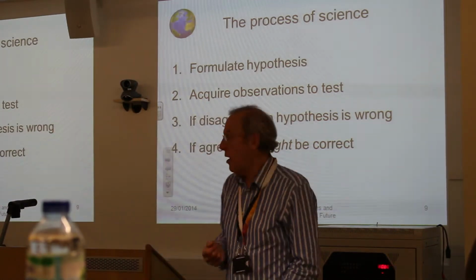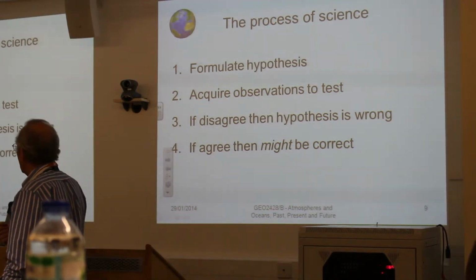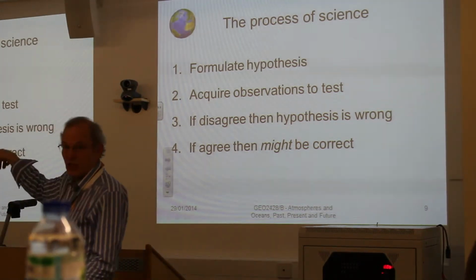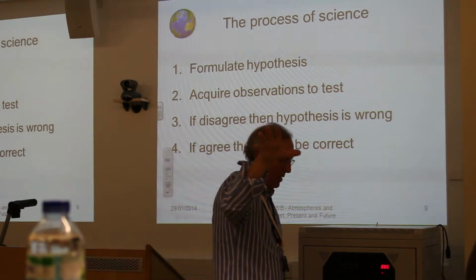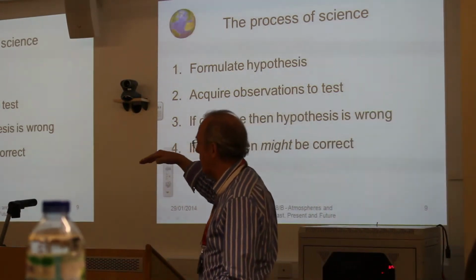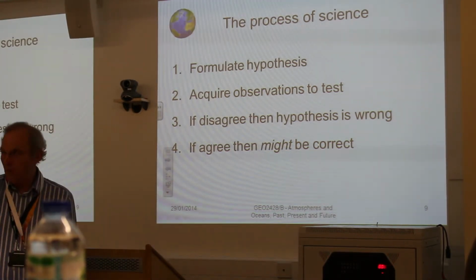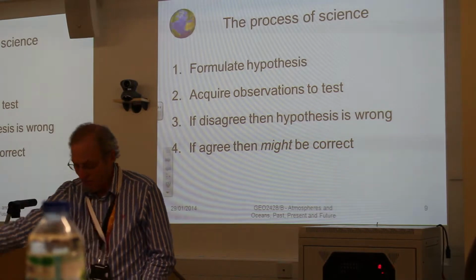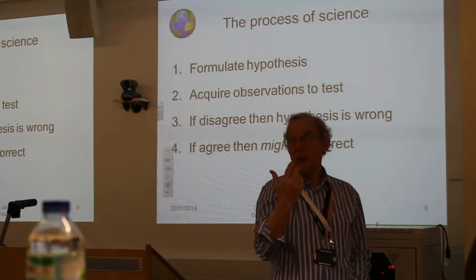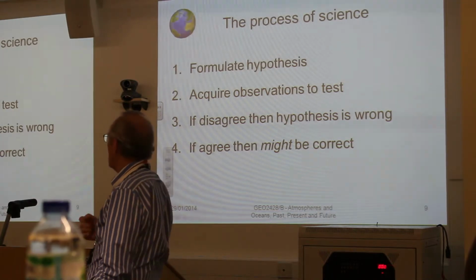So we formulate a hypothesis, and then you go out to observe what's going on to see if the observations match the hypothesis. And with the thermohaline circulation, we've got to the point now where that hypothesis of areas of deep water formation flowing all around the globe has been the basic idea, the basic model.